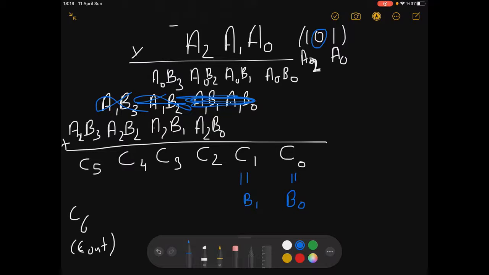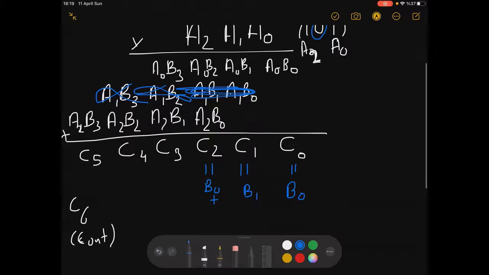It is B0 plus B2. And what is your C3 here? B3 plus B1. And what is your C4 here? It is B2. And what is your C5 here? It is B3.